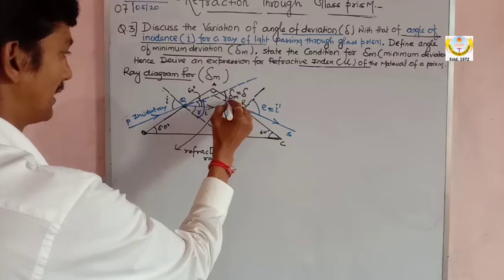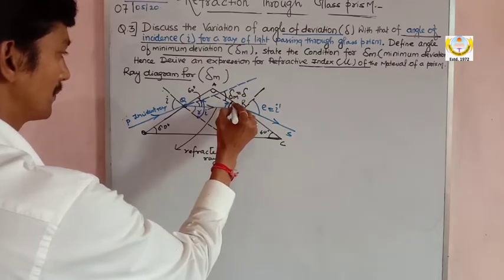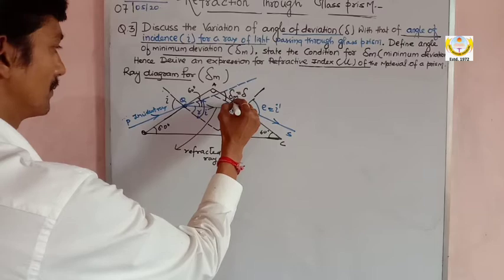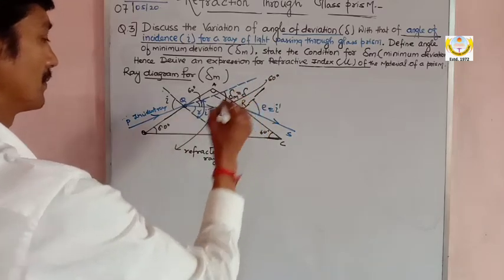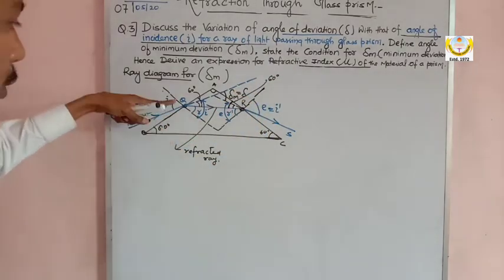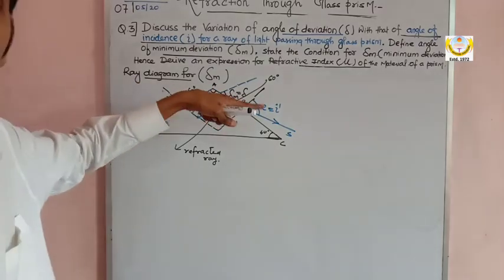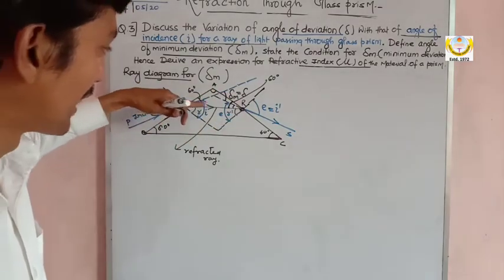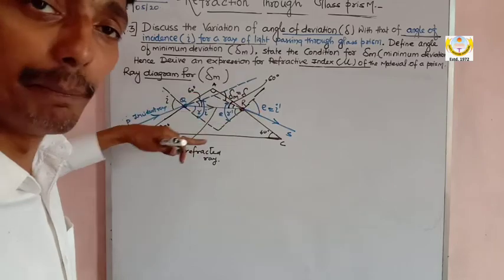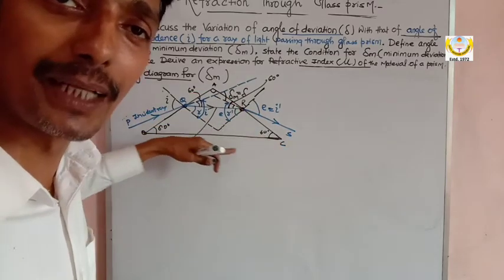Even this becomes 60 degrees. So no doubt, at minimum deviation, the refracted ray QR will be parallel to the base of the prism.